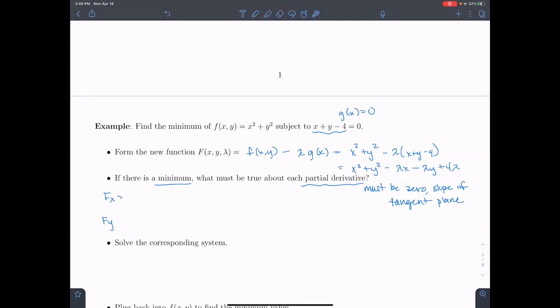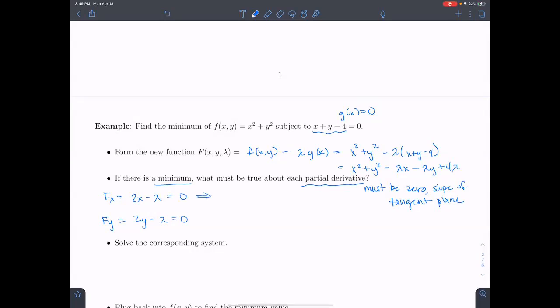If I take the partial with respect to x, I have 2x plus 0 minus lambda minus 0 minus 0. And if I do the partial with respect to y, I would have 0, and then 2y, and then 0, and then negative lambda, and then 0. So I have that F sub x is 2x minus lambda, and F sub y is 2y minus lambda. For a minimum, I need these to both be 0.